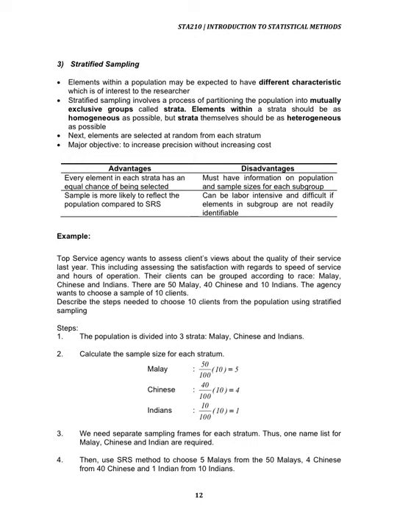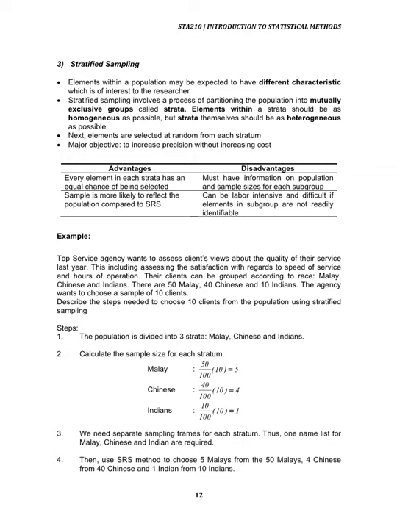Okay, number 3, look into stratified sampling. Kita tengok dulu dia punya karakteristik. Elements within a population may be expected to have different characteristics which are of interest to the researcher.